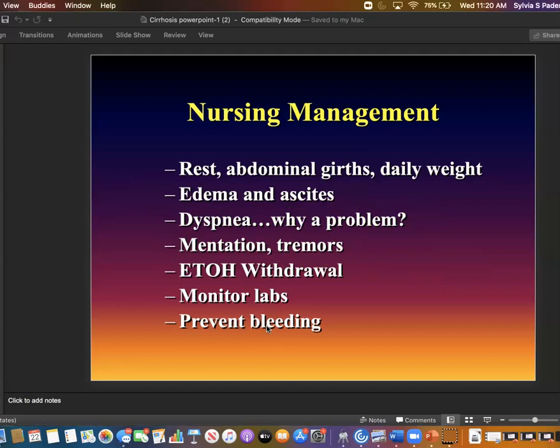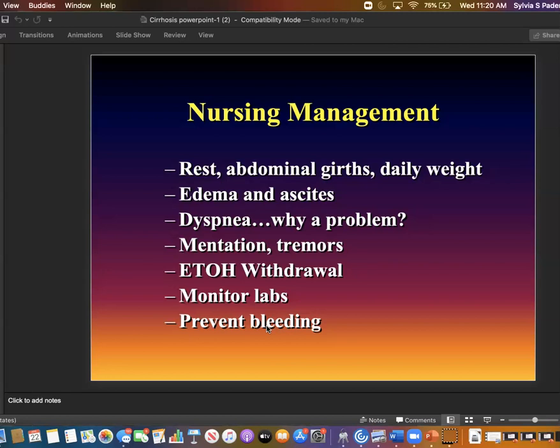So nursing management, your role specifically is to make sure the patient gets tons of rest, measure abdominal girths and daily weight. I have not seen abdominal girths measured in these patients, at least not at UC Davis, but we do daily weights.